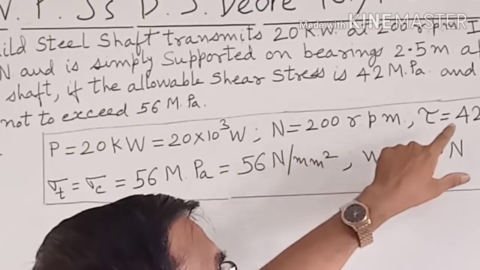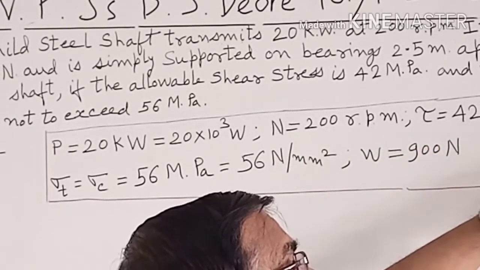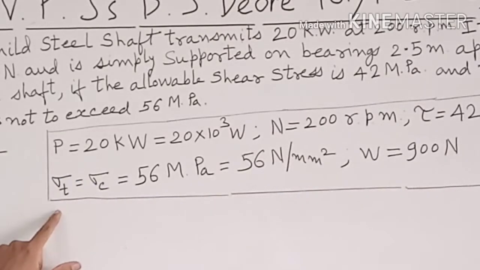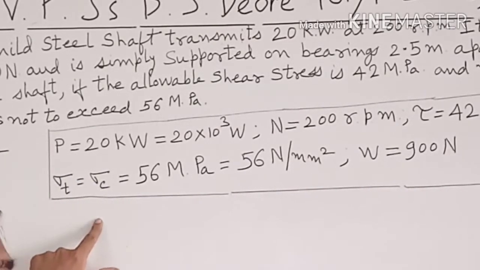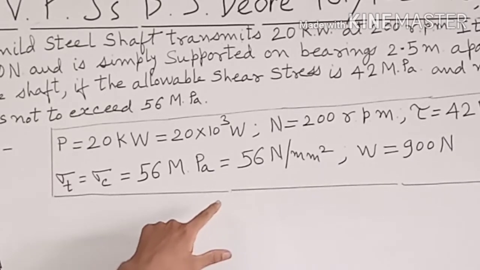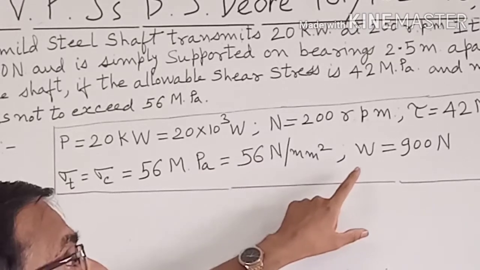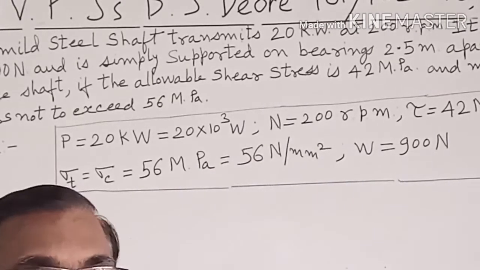Shear stress tau is equal to 42 megapascal, that is equal to 42 Newton per mm square. Sigma T is equal to sigma C, that is equal to 56 megapascal, or 56 Newton per mm square, and load W is equal to 900 Newton.